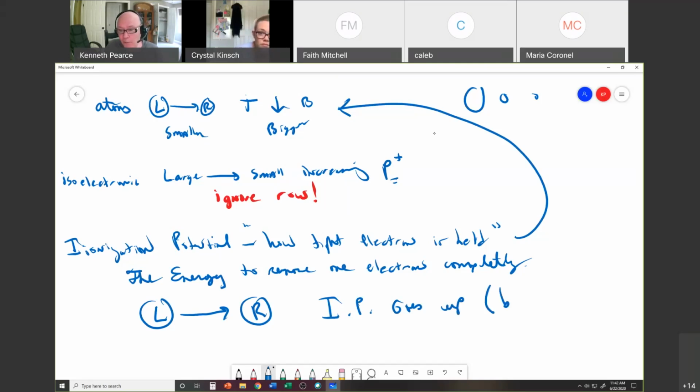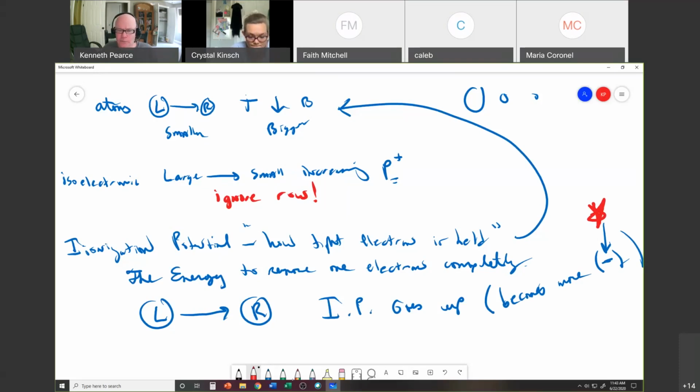or becomes, by the way, there's a sign convention to this. Becomes more negative. Okay, that's important. By the way, if something has negative energy, it means you have to put energy in it to get it to come off.